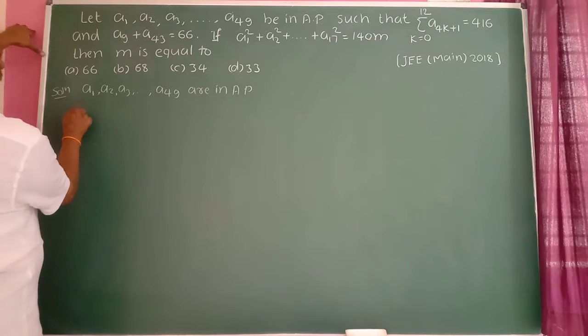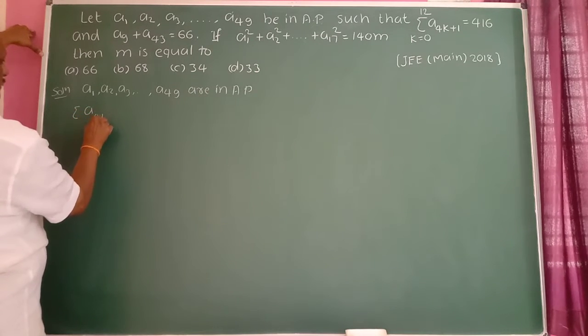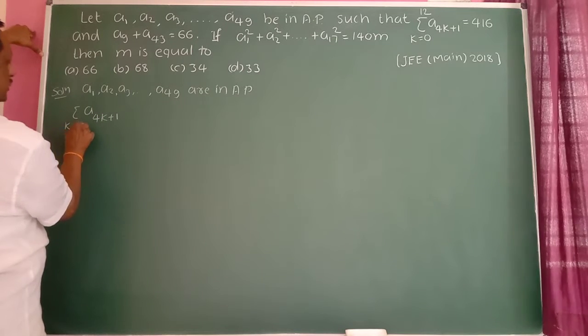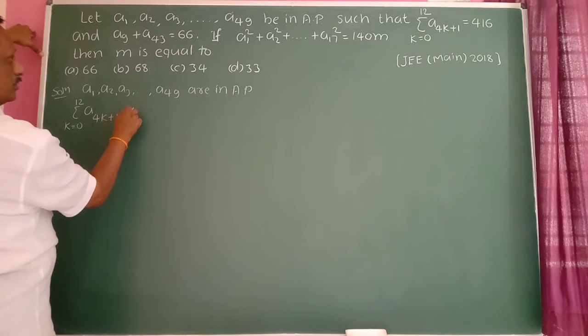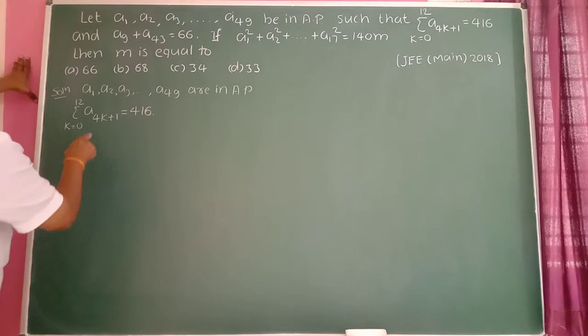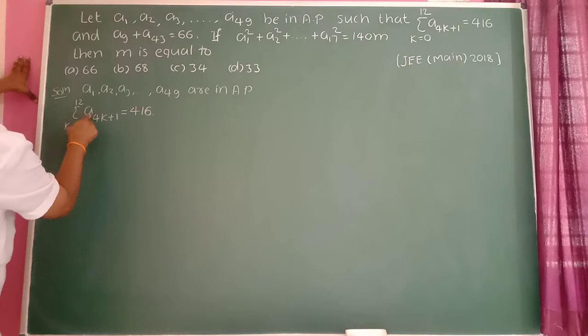the summation of A(4K+1), where K is equal to 0 to 12, is equal to 416. Now put the K value 0. Therefore this becomes 0, remaining is A1.